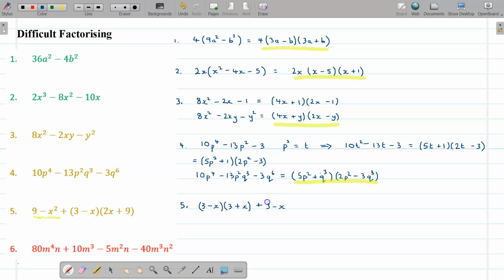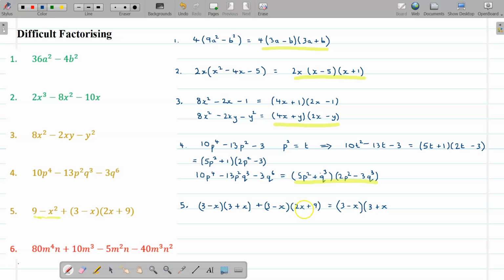Because now what I've got is a common factor of 3 minus x in the two terms that I've created. There's a 3 minus x and there's one in there. So if I take that out of both terms, I just write what's left. And what's left from here is 3 plus x.